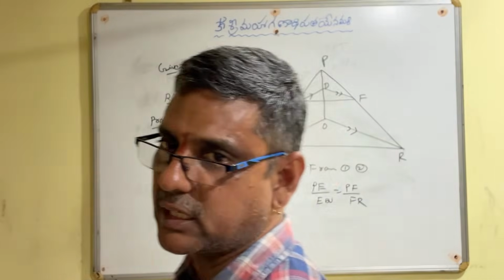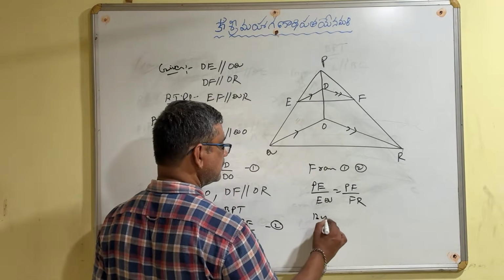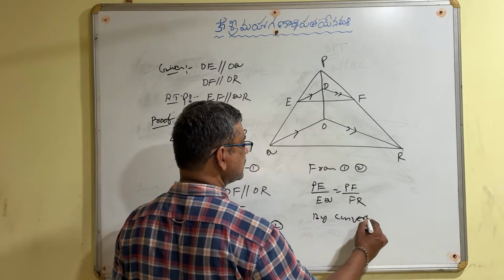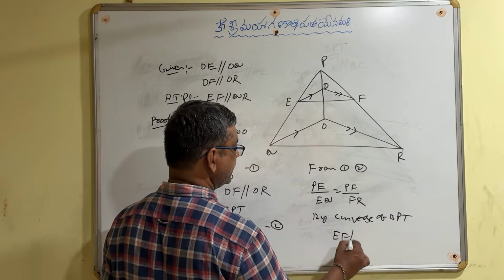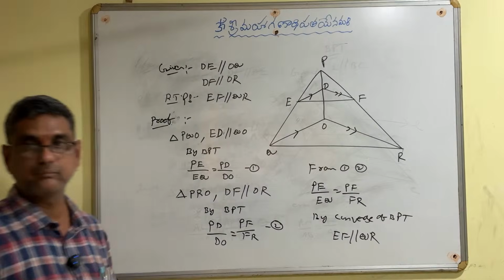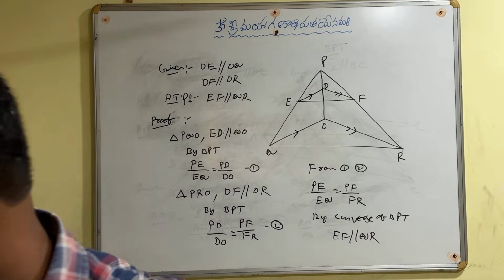By applying the converse of the basic proportionality theorem, by converse of BPT, EF is parallel to QR.